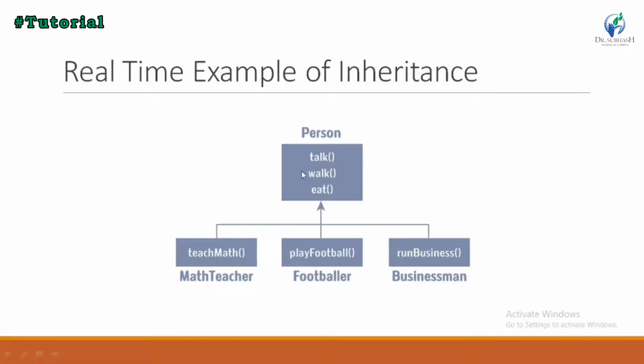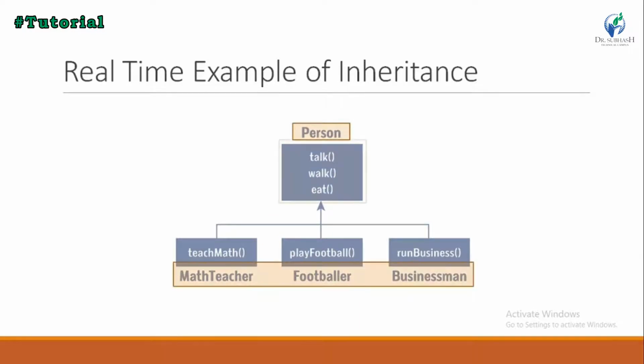One way is that you define all three methods again in all three classes, or you could have some way so that you can use all these three methods in the MathTeacher, Footballer, and Businessman classes. Yes, that is the concept of code reusability. That is the concept of inheritance.